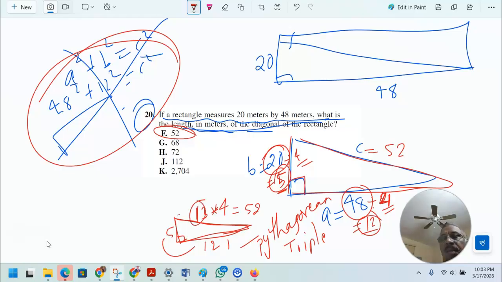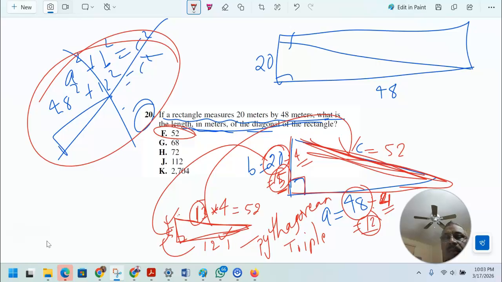Because we got these numbers by dividing by 4, now we have to get the big one, so you multiply the hypotenuse back up. I hope I make sense.